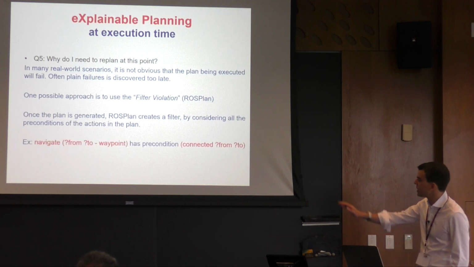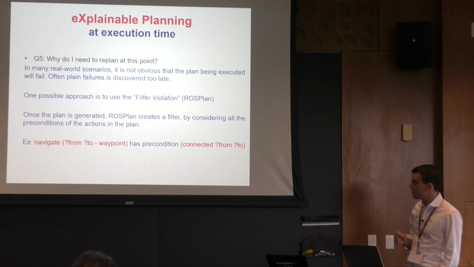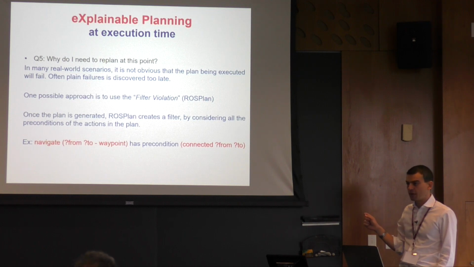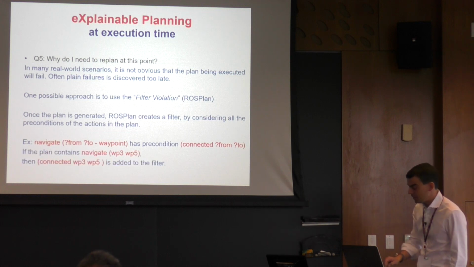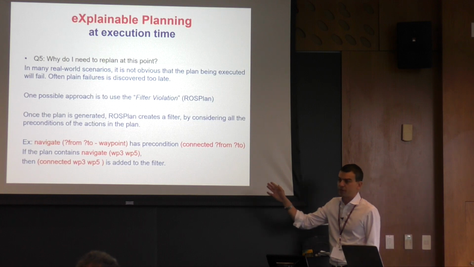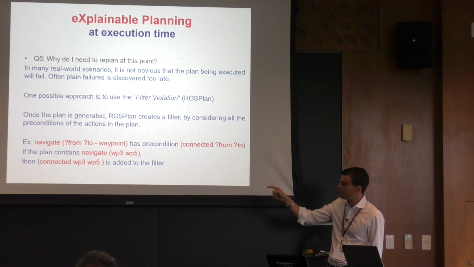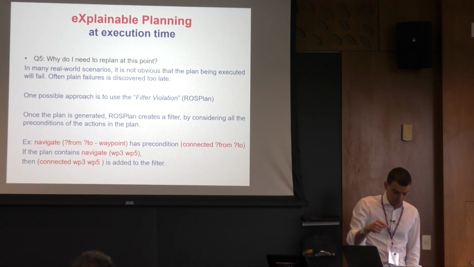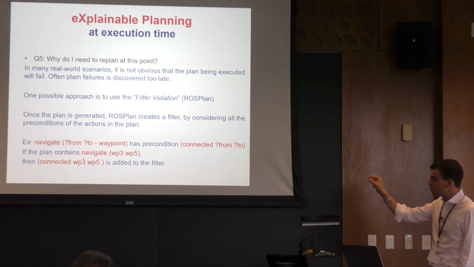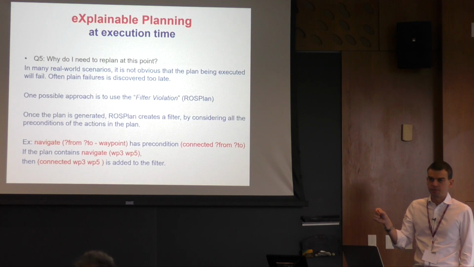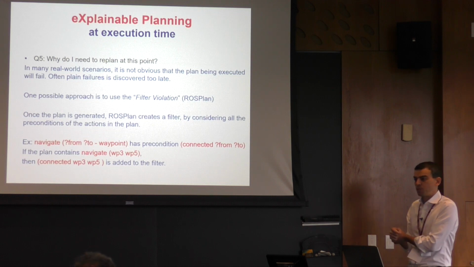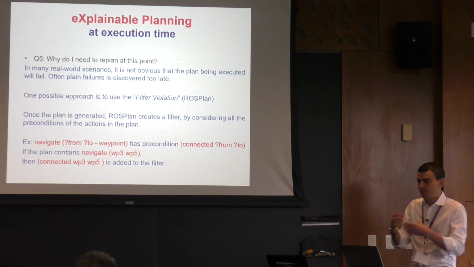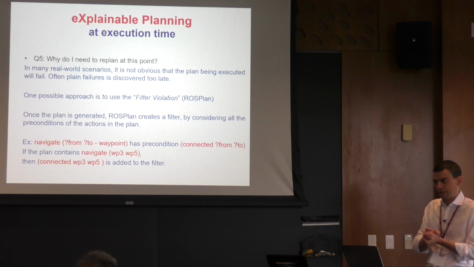So, for example, if you have this action, navigate between two waypoints, and the precondition is to have the two waypoints connected, then for each action in the plan, this predicate is added to the filter, meaning that given that you have that action, navigate from waypoint 3 to 5 in the plan, in order for your plan to be valid, the two waypoints must always be connected. You do this for all the preconditions of the actions in your plan, so that as soon as some of those preconditions in the filter are violated, you know that you need to stop and replan.